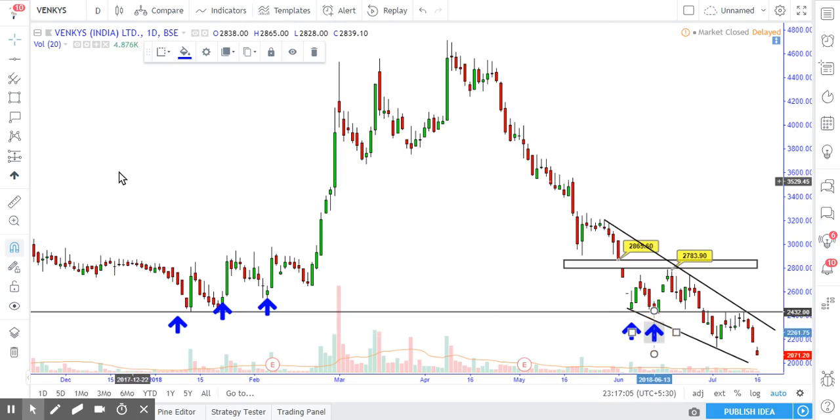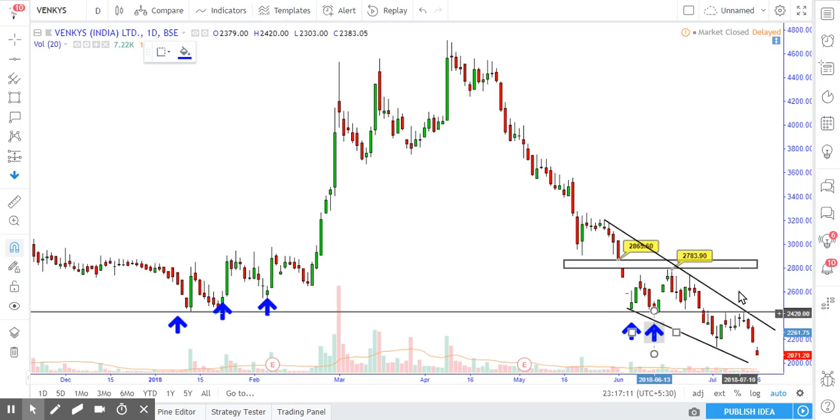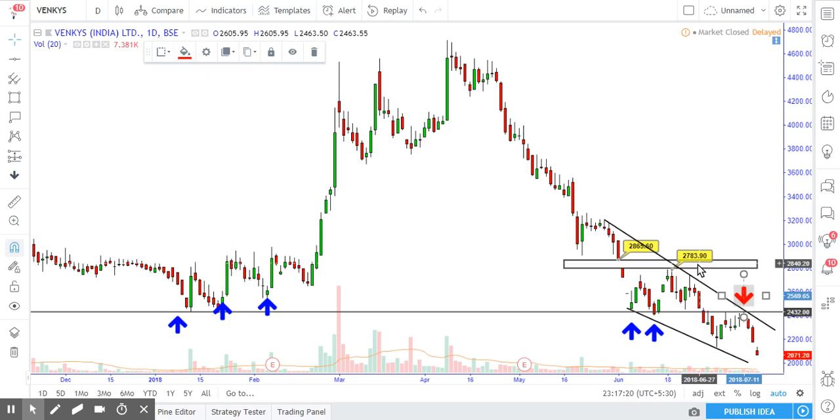Every time the stock touched this line, it acted as a good support zone. But now the support zone has turned into a resistance zone, and this downward channel can be seen.